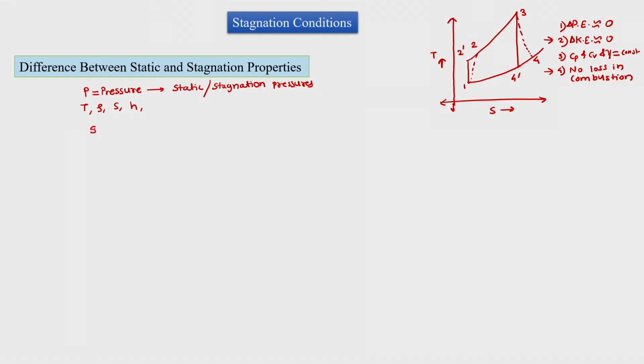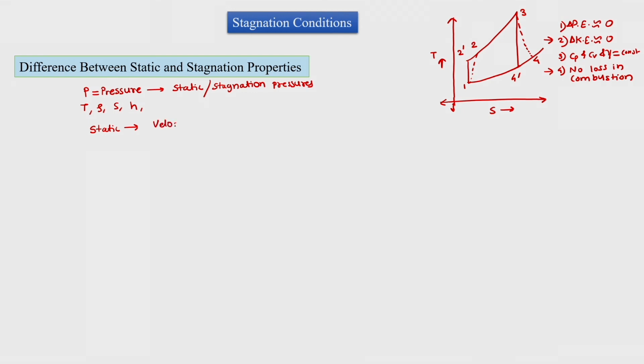So what is the difference between static properties and stagnation properties? When we say something is static, such as static pressure or static temperature, we mean that the quantity is measured in the presence of velocity.